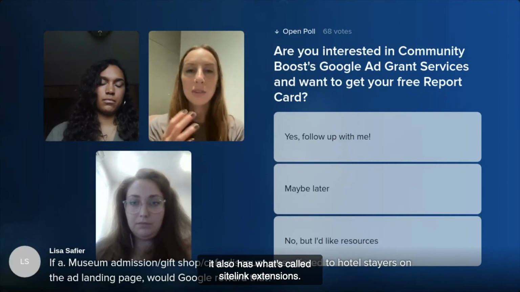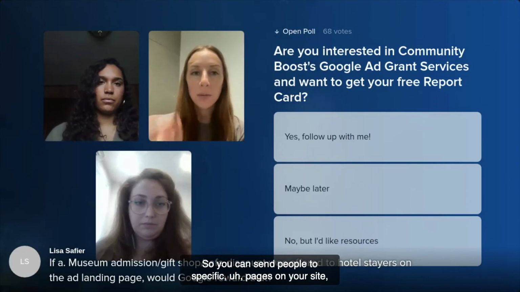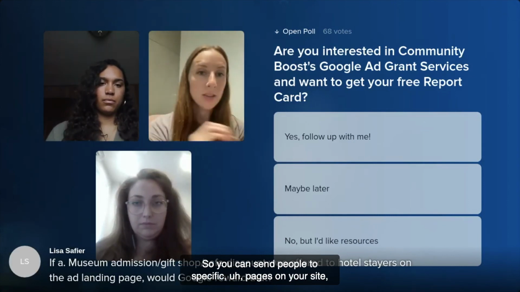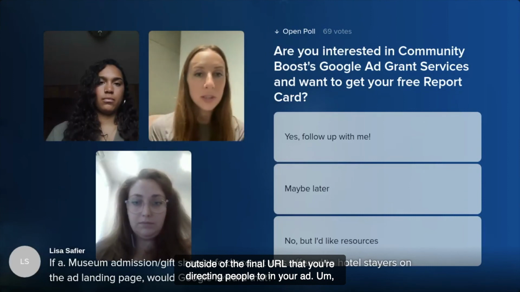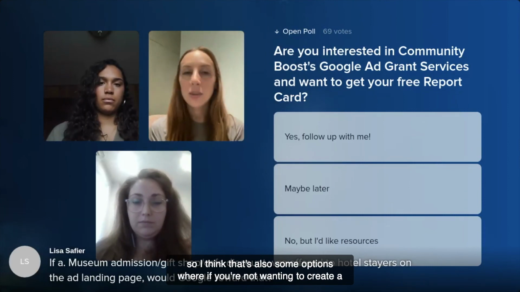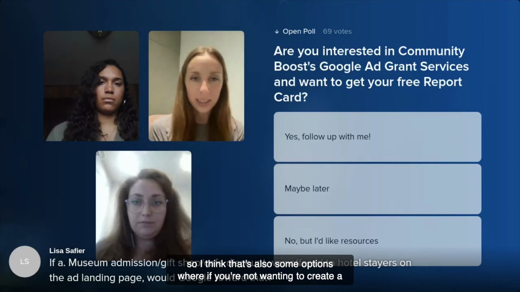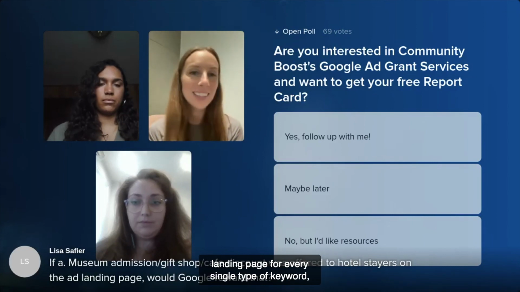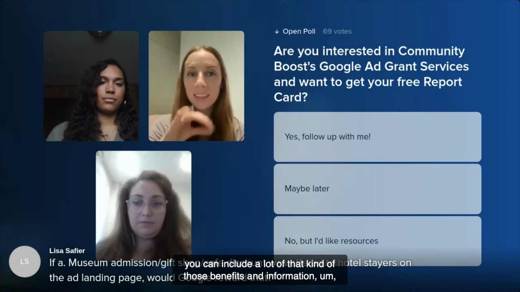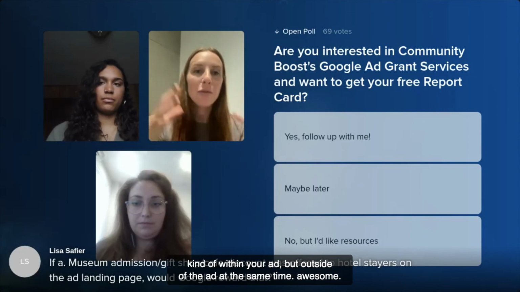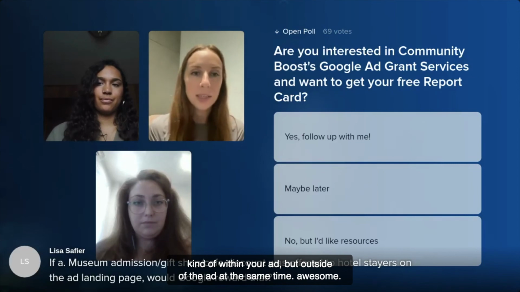It also has what's called site link extensions, so you can send people to specific pages on your site outside of the final URL that you're directing people to in your ad. So I think that's also an option if you're not wanting to create a landing page for every single type of keyword, you can include a lot of those benefits and information within your ad, but outside of the ad at the same time.